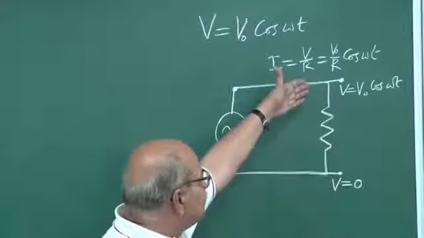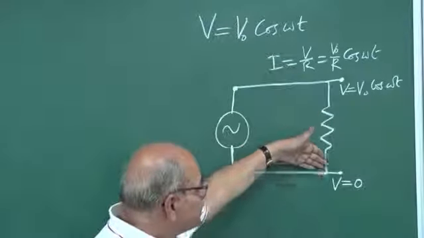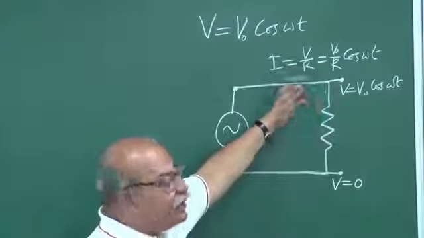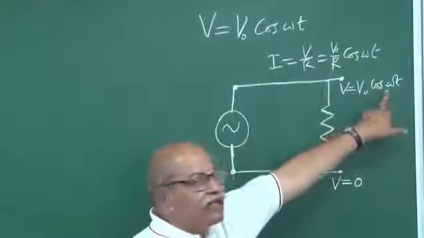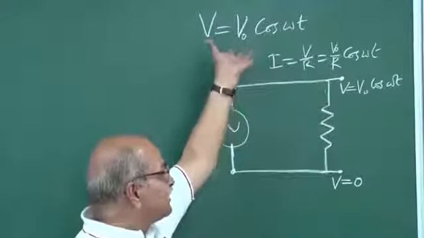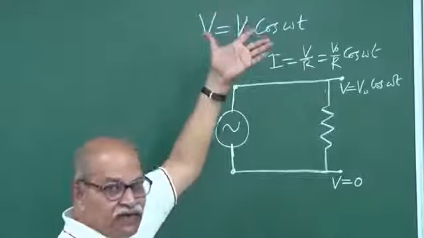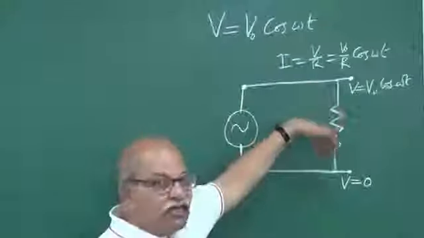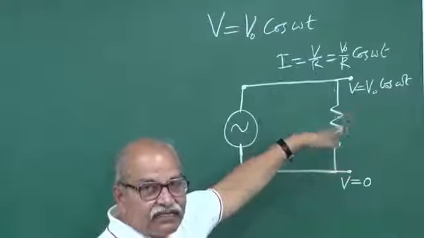So the current will go in one direction and then in the other direction and so on. The current will change sign with the frequency given by this omega, the angular frequency. Our mains comes at 50 hertz, so if I put my mains here, it will be 50 hertz cycling.